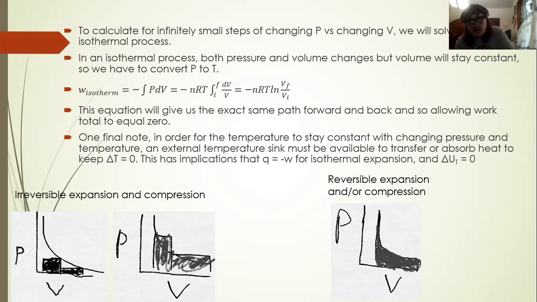So whatever our work isotherm is, it's equal to negative Q. With that in mind, delta U, which would be Q plus W, would have to then be 0, because if Q equals negative W, Q plus W would cancel out. So an isothermal system would have no internal energy change for this reversible situation.